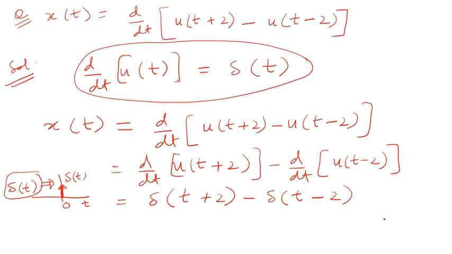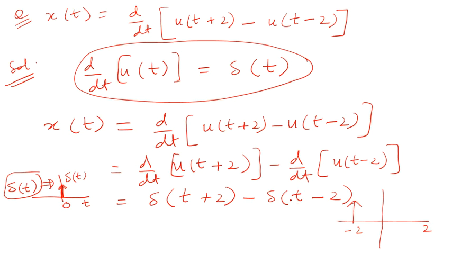So if this is the origin, this is your δ(t+2), and δ(t−2) will be at plus 2.